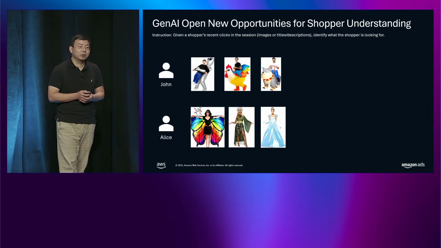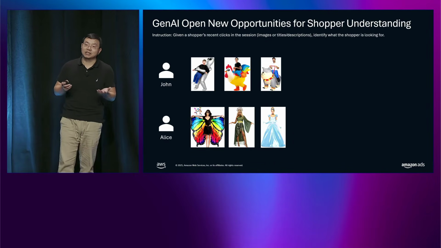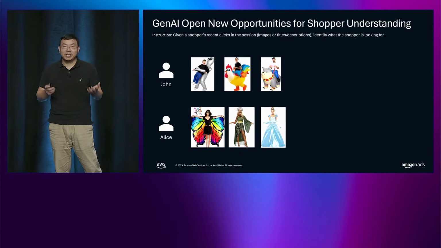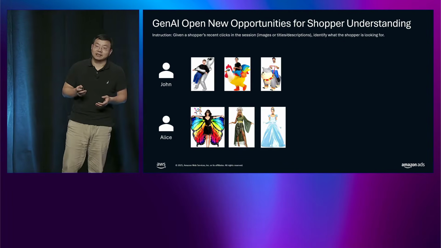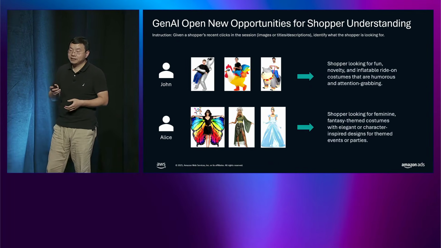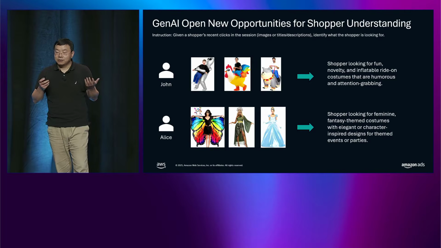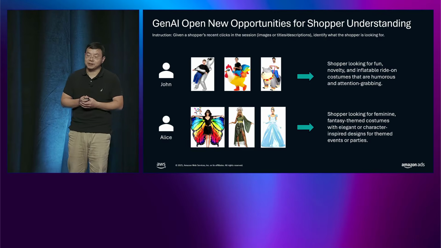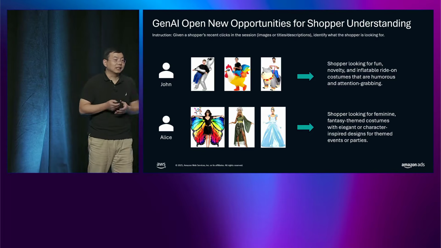Similarly, Gen AI can help with shopper understanding. Imagine we have two shoppers looking for the same query of Halloween costumes. Even though they start with the same query, their behavior may tell they have different interests. And Gen AI is good at telling the nuanced difference as a shopper engages with different products. In this case, Gen AI can tell, for example, John might be looking for some fun, attention-grabbing looks, maybe for a special school event, while Alice may be looking for some fantasy scenes with elegant design.